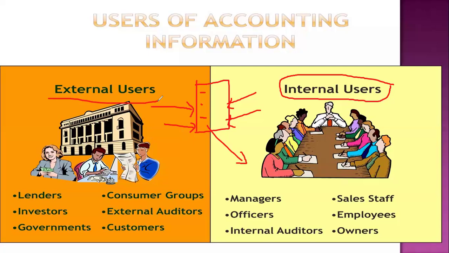Whereas if I check the opposite side, the external users are the users who are interested in their money being protected in the company. For example, lenders are the people who give money either for working capital, operating capital, or fixed capital.